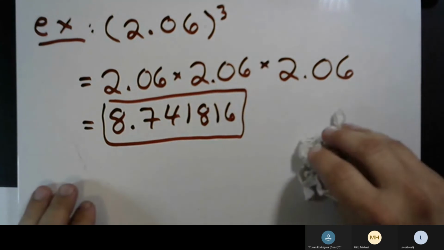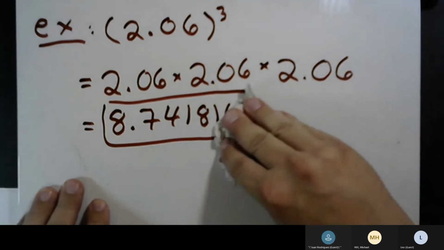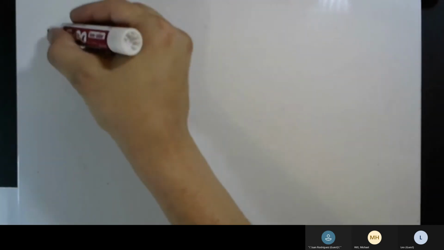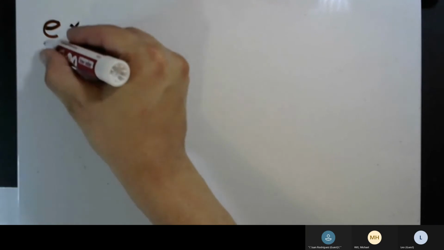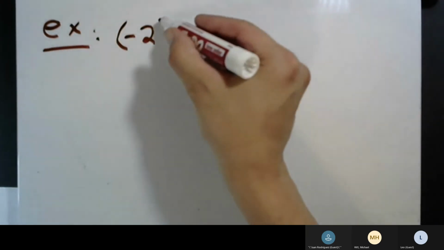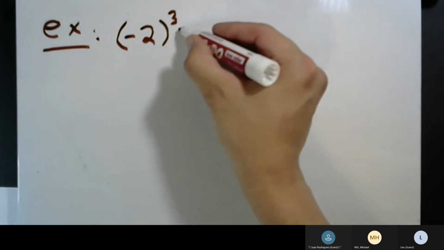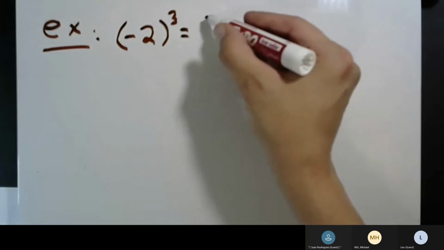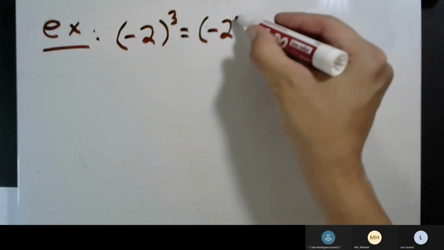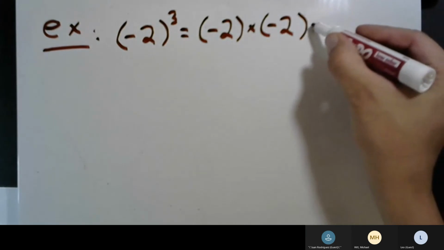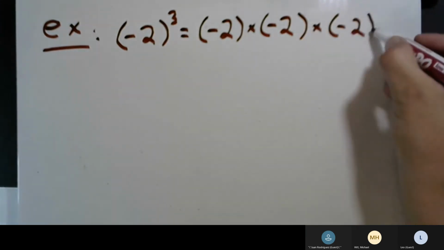Now, negative numbers, it's going to be the same thing. So we have -2 with a power or an exponent of 3, and we have -2 times -2 times -2.